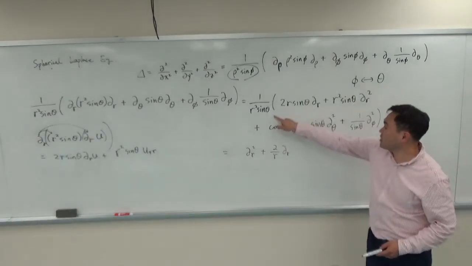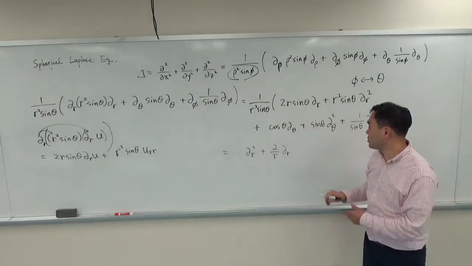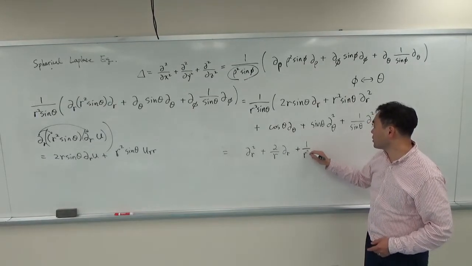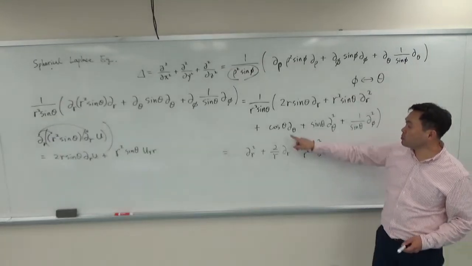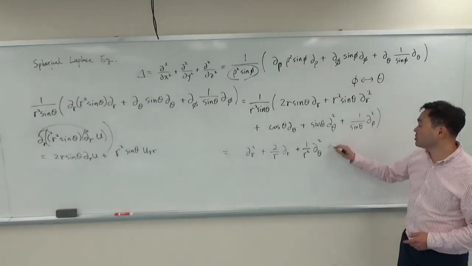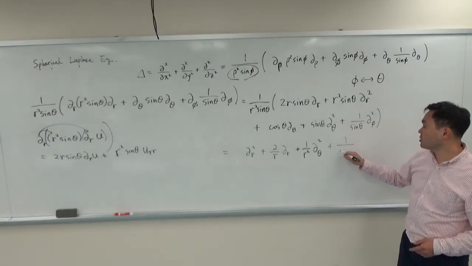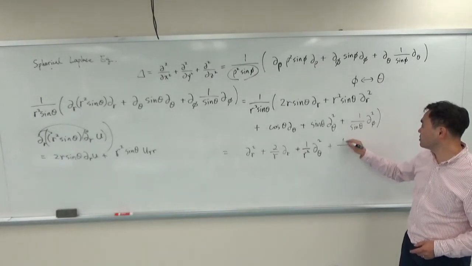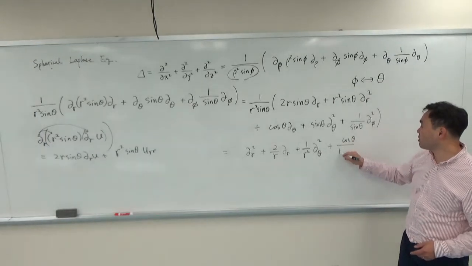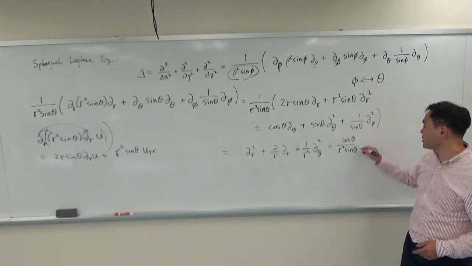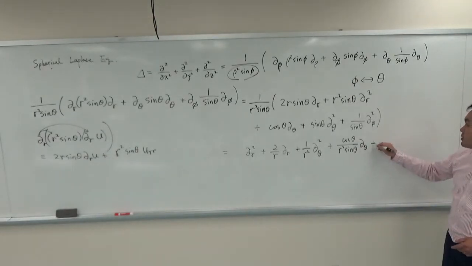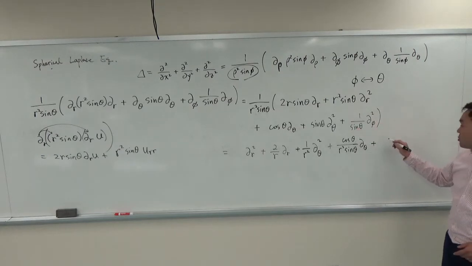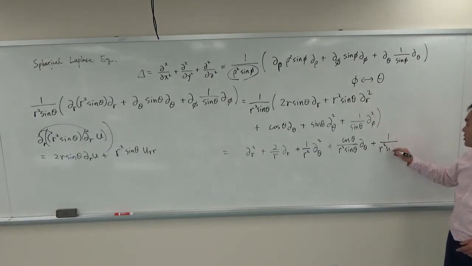And then this divided by this, sine theta will cancel and you get 1 over r squared, derivative in theta squared. And then when you divide this by this, you get cosine theta divided by r squared sine theta, derivative. And then finally, when you divide this by this, you get 1 over r squared sine theta squared.